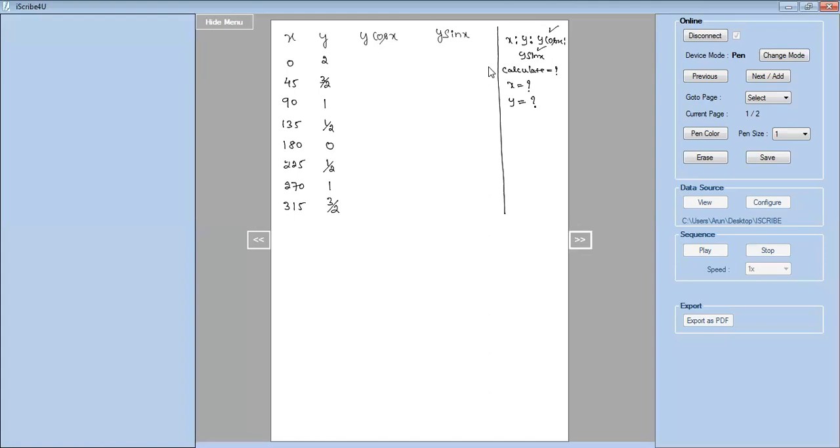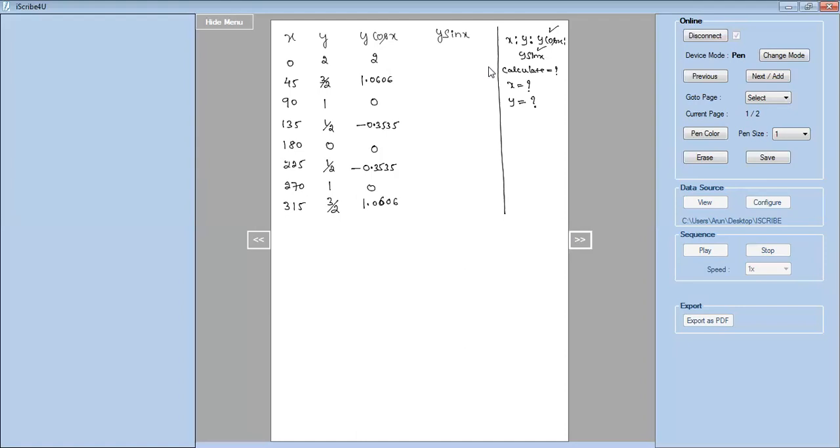If we calculate like that, we get, I'll write the values. The y cos x values are 2, 1.0606, then 0, then minus 0.3535, then 0, then again minus 0.3535, then 0, then 1.0606.